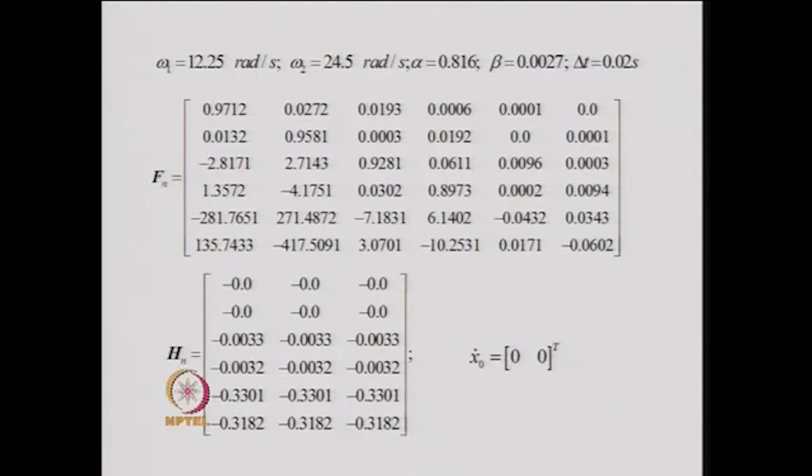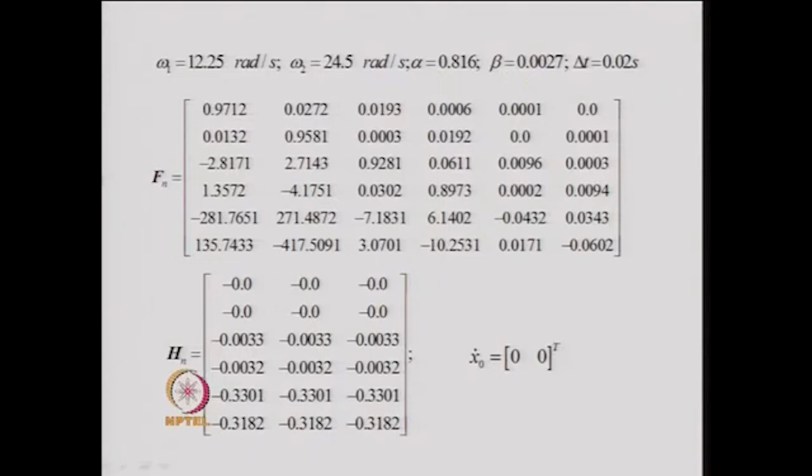When you use Newmark's beta method with the direct integration technique in the recursive form, we require the C matrix, and the C matrix is obtained with the help of the 2 coefficients alpha and beta.